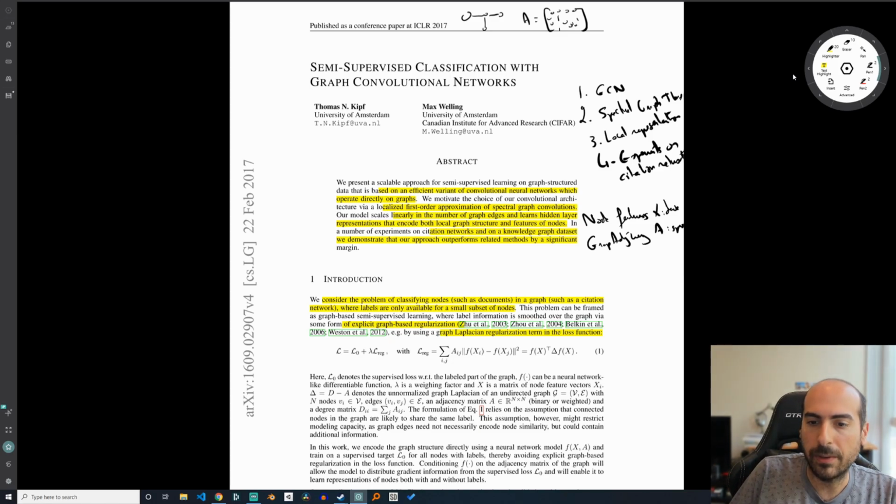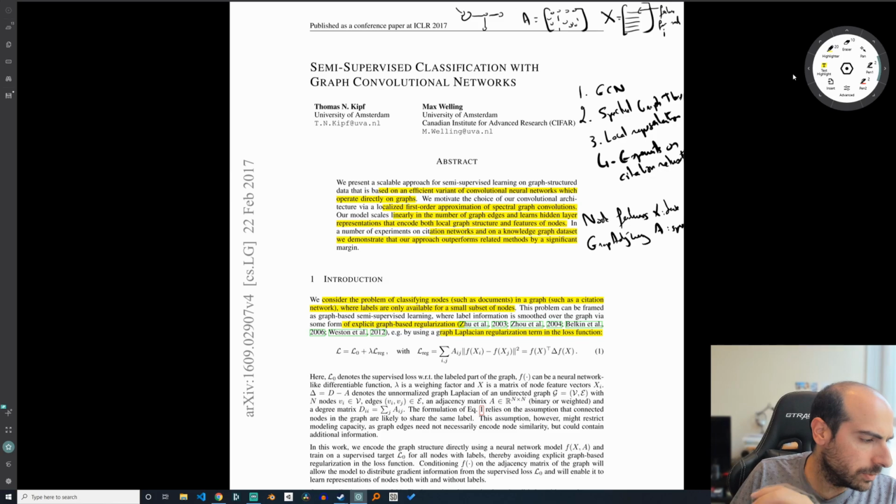Then in this paper, they also have some node-level features, which they call X. You can think of these as each node in the graph having some features, like maybe probability of having COVID, number of friends they have, or how likely their paper is to be accepted. So you have a whole bunch of features, and on each row you're going to have the features for node i.